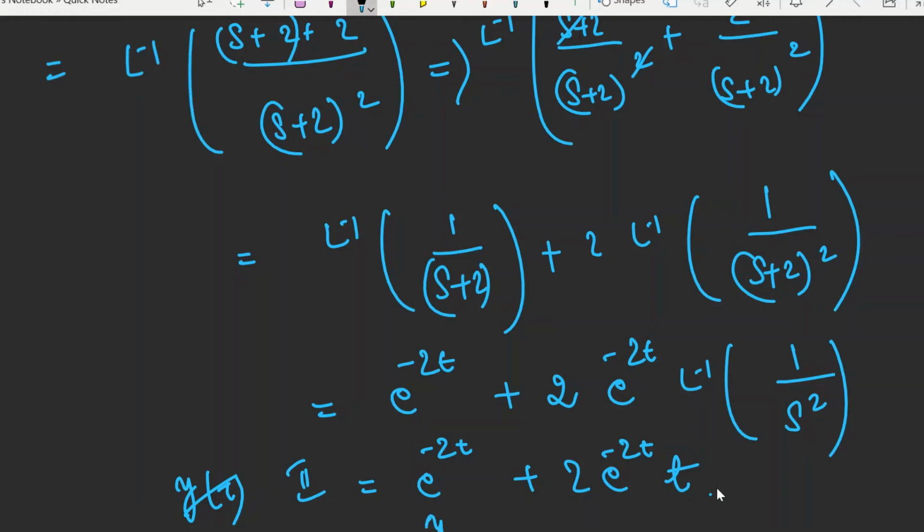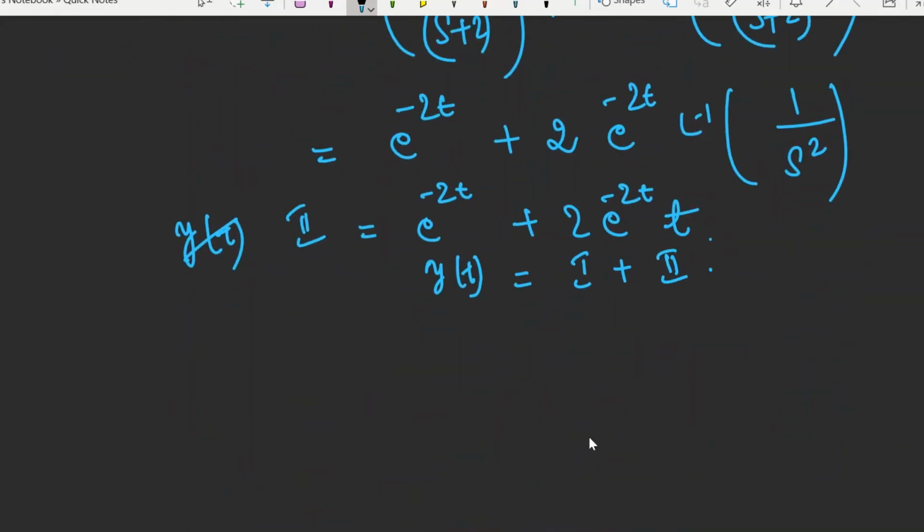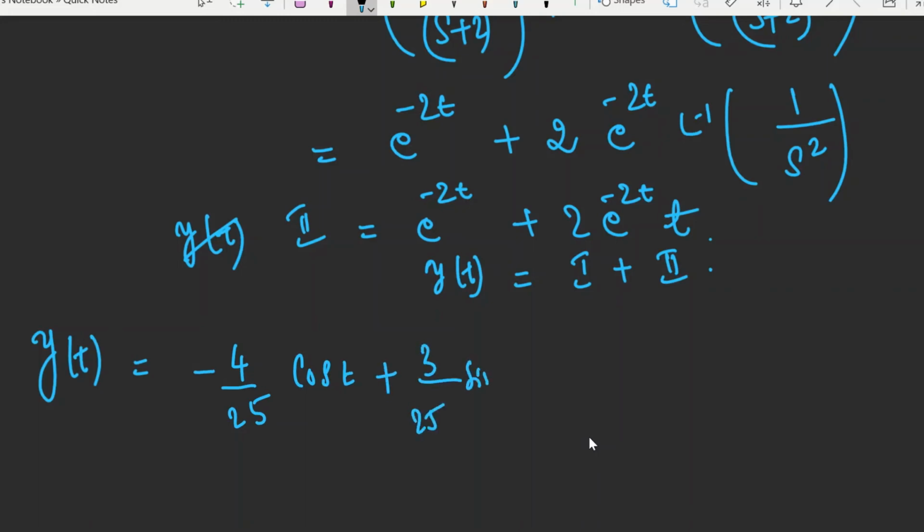So now our y of t is inverse Laplace transform of first one plus inverse Laplace transform of second one. Now our final answer is just adding both terms of inverse Laplace transform. So the final answer is 4 by 25 cos t, 3 by 25 sin t plus 54 by 25 e power minus 2t, 21 by 5 t e power minus 2t.